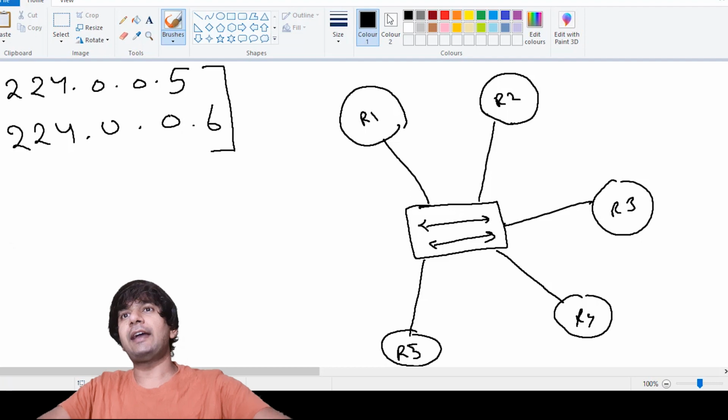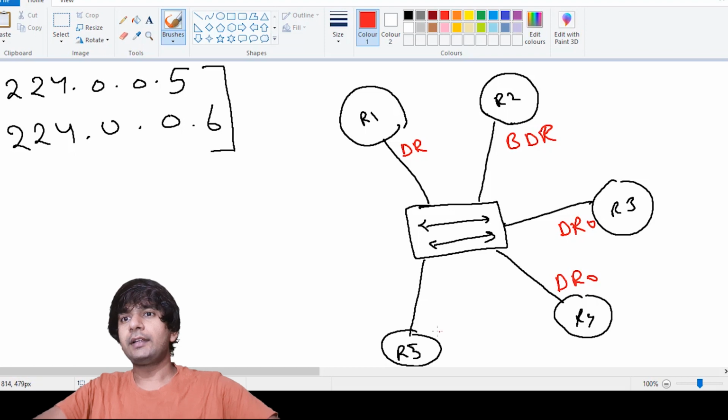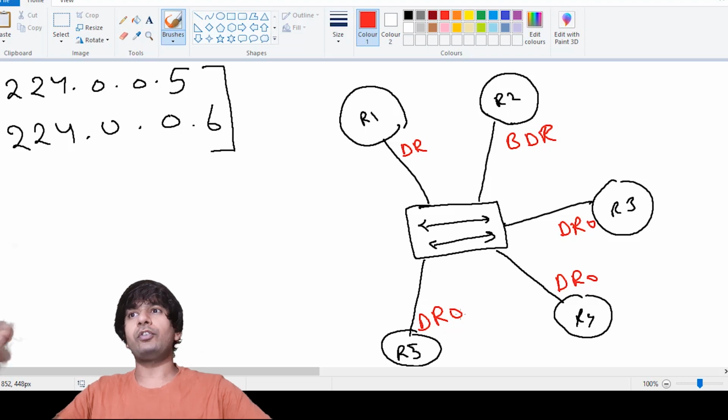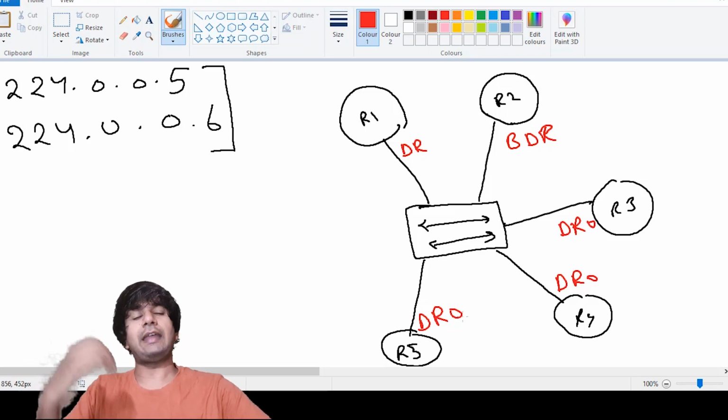Just assume that R1 has become the DR, R2 has become the BDR, and the rest of the routers will become DR others, DROs.